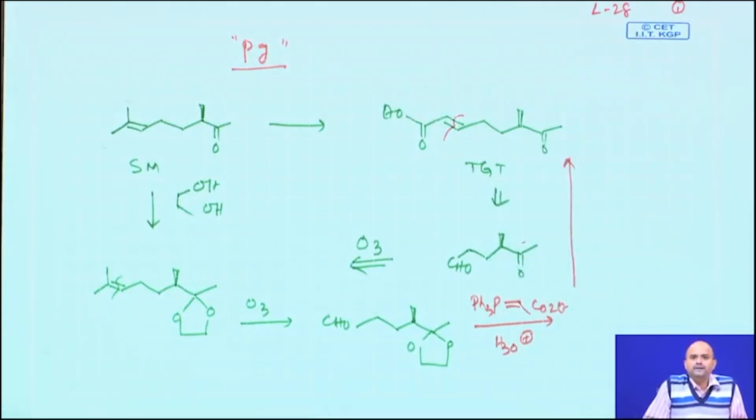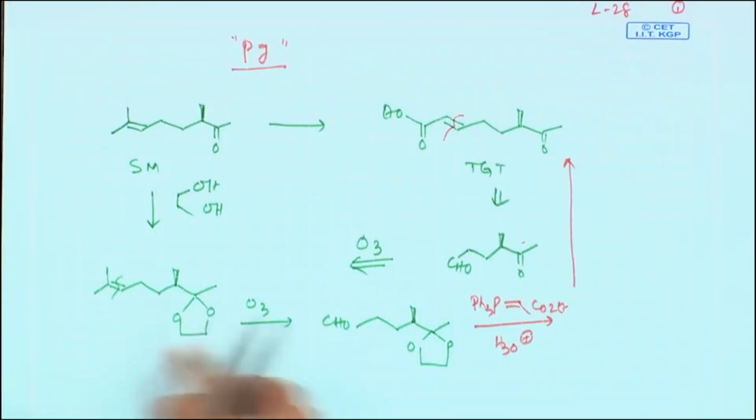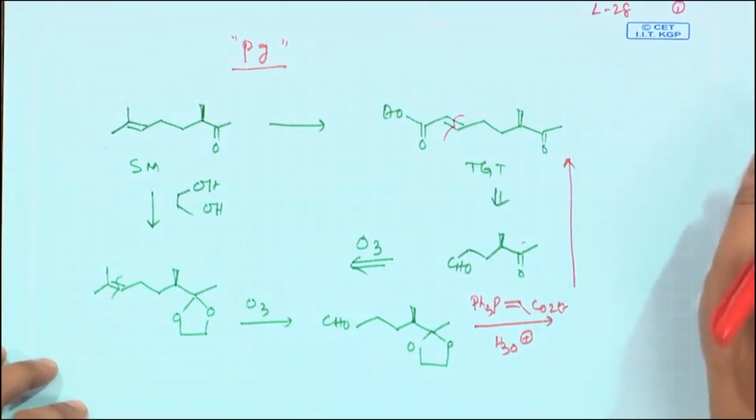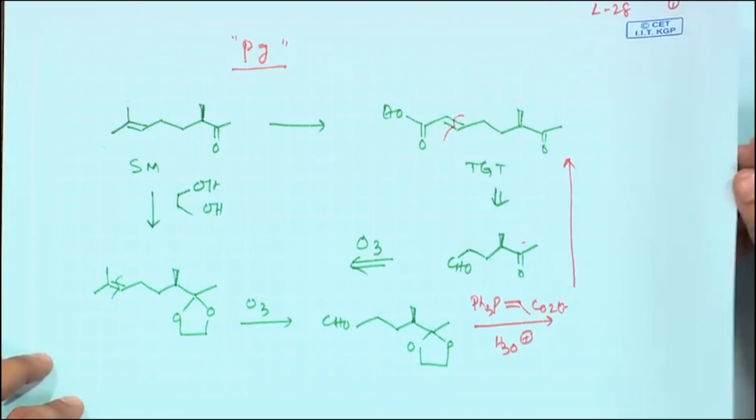So, it is basically just functional group protection, do the FGI, then protecting group removal. So, that is why the protecting group also can act as a very good functional group, and you need to take care of this particular protecting group in your synthetic planning.